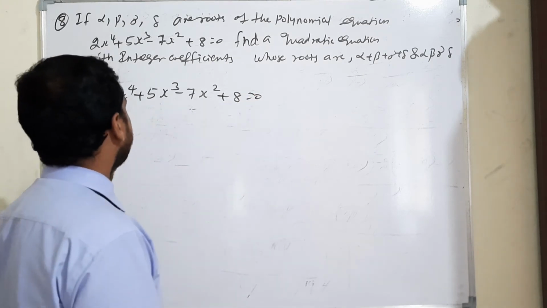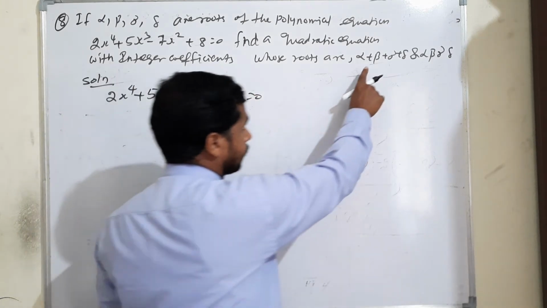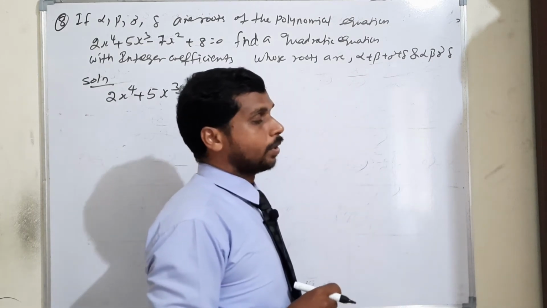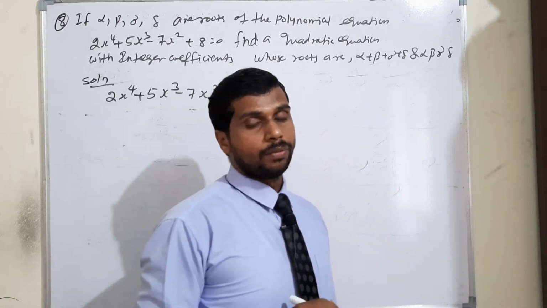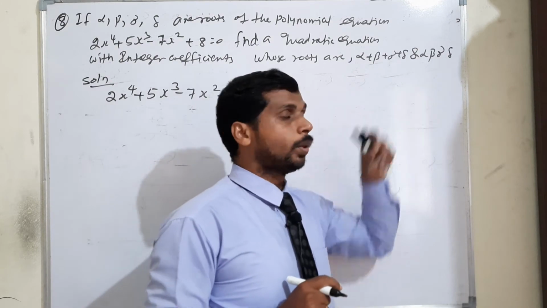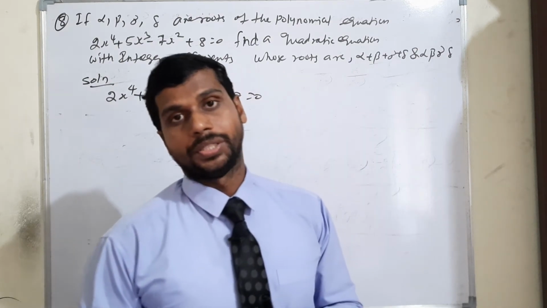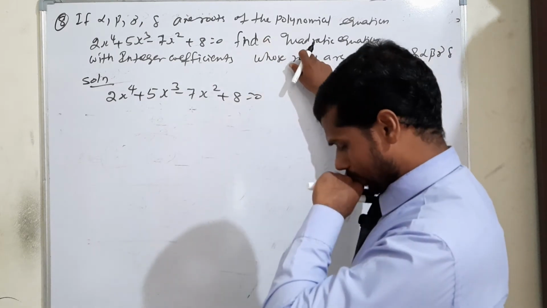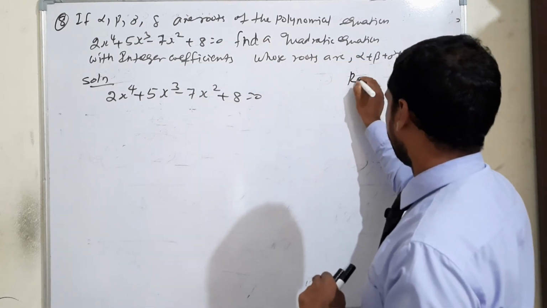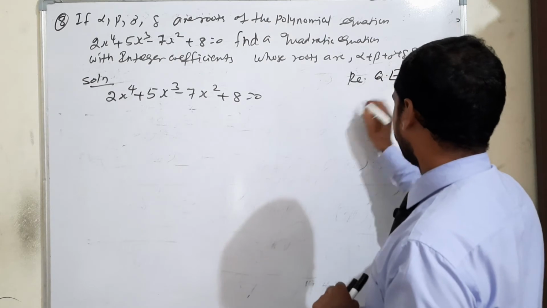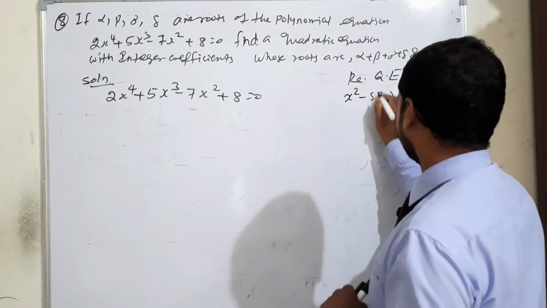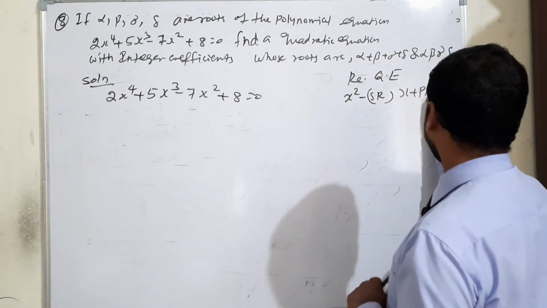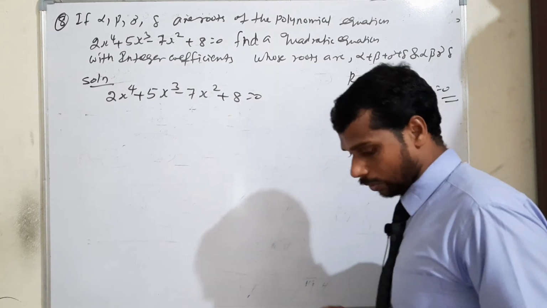Find a quadratic equation with integer coefficient alpha plus beta plus gamma plus delta, that is called sum of roots taken 1 at a time, the last one product of the roots taken 4 at a time. Okay, the required quadratic equation means the formula, x square minus sum of roots times x plus the product of roots is equal to 0. This is a required quadratic equation.